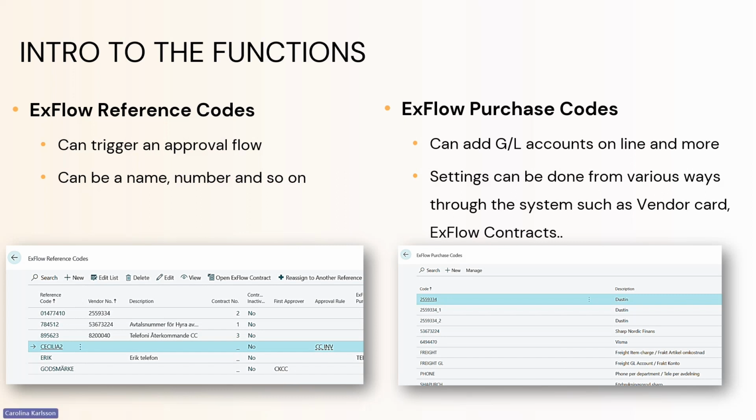So these are the functions we're looking at today. First, ExFlow reference codes. You use this one to apply logic to your invoices. So when you import a document with a reference that you have interpreted, then you can trigger a specific action when you import the document. So for example, you might have imported a document with someone's name in the reference field or phone number, or it can be a variation of spelling.